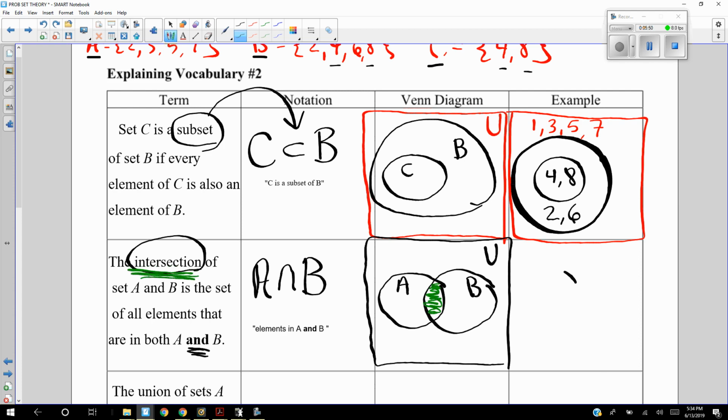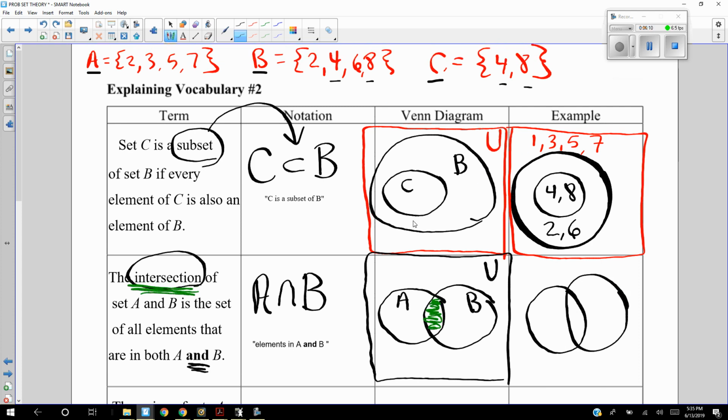So for this particular example, we want to find out where A and B intersect.